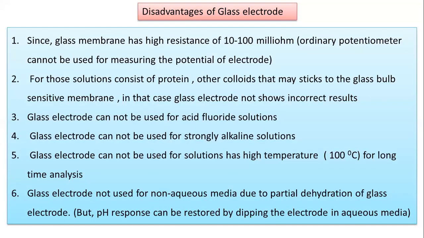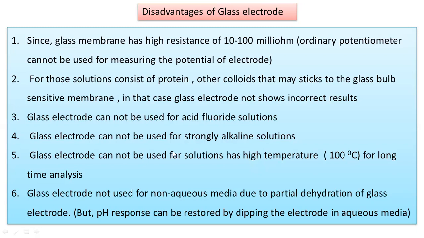Ultimately, there are some disadvantages for the glass electrode as well. So what are the disadvantages of the glass electrode? Basically, the glass membrane has a very high resistance, in the range of 10 to 100 megaohm. So the ordinary potentiometer cannot be used for measuring the potential of the electrode. Whenever we use a glass membrane with very high resistance, of 10 to 100 megaohm, the ordinary potentiometer cannot be used in this situation.